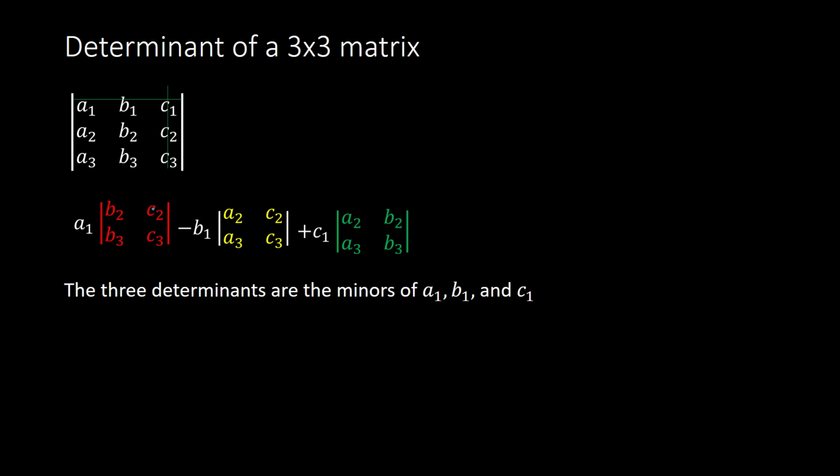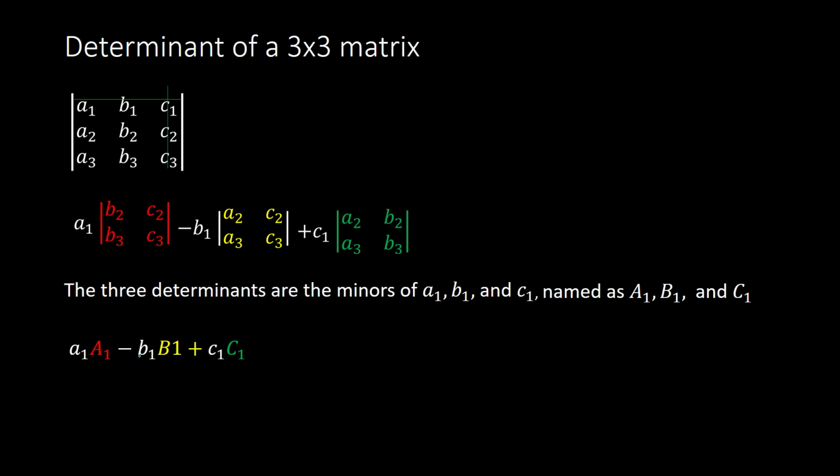And then we have plus C1 times the minor of C1, which would be the determinant of A2, B2, A3, B3. So all I've done here is point out the fact that these matrices that we're taking determinants of are the minors of A1, B1, and C1. And then for simplicity, instead of writing out this matrix every time for each of these three, I can name them A1, B1, and C1 with capital A's to name those matrices. So what I have is lowercase a1 times capital A1 minus lowercase b1 times capital B1 plus lowercase c1 times capital C1.